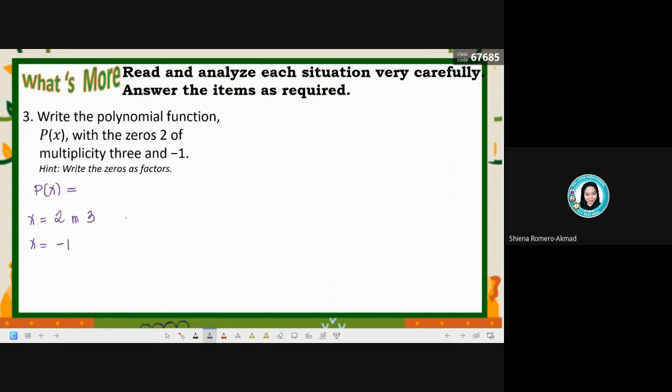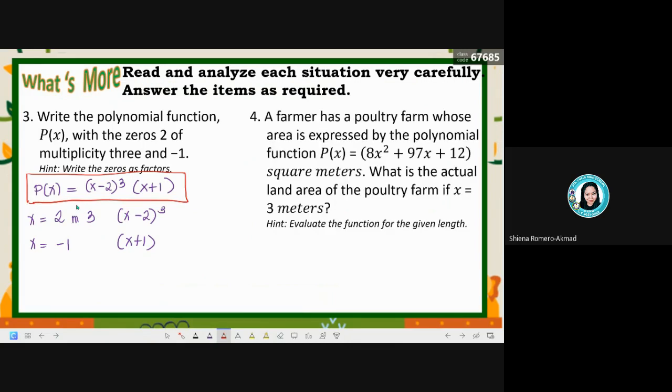So, ito would be x minus 2 cube. And ito naman ay x plus 1. So, our answer will be p of x equals x minus 2 cube times x plus 1. So, ganun lang siya kadali.